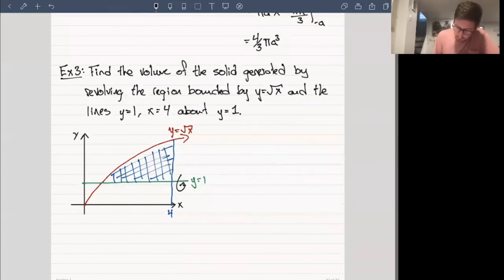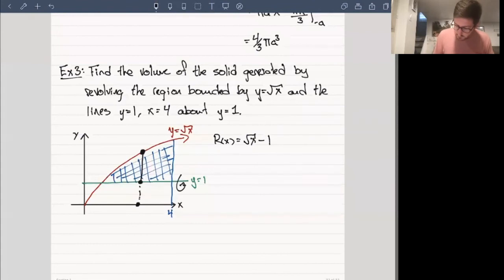Well, since we're revolving around y equal to 1, that's representing the center of this thing. And the radius is coming up and out until it touches the curve y equal to the square root of x. And so that tells us that the radius as a function of x is going to be the square root of x all the way out to the red curve, minus 1. Because if it was just the square root of x, that would be measuring the distance from the x-axis way down here all the way up to the square root of x.